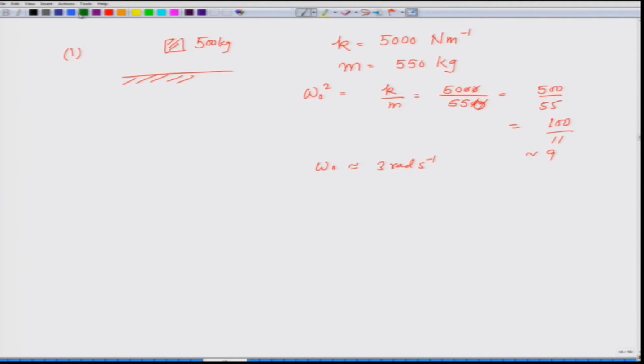What about gamma? Gamma is equal to 2 omega 0, which is going to be 6 radians per second. So, B over m is equal to gamma implies B for the system is going to be 6 times 550 kgs, which is 3300 kg radians per second.